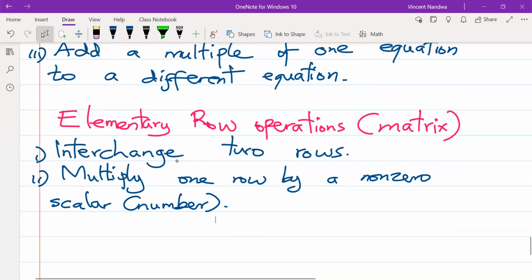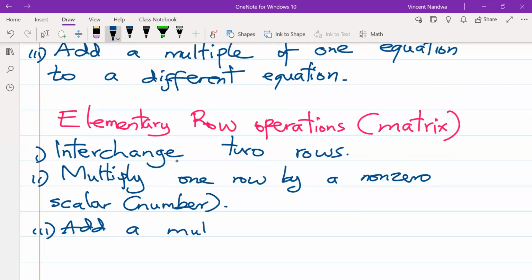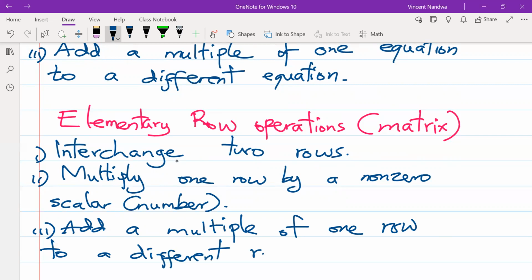Then number three, you can add a multiple of one row to a different row. So those are the main row operations on a matrix.